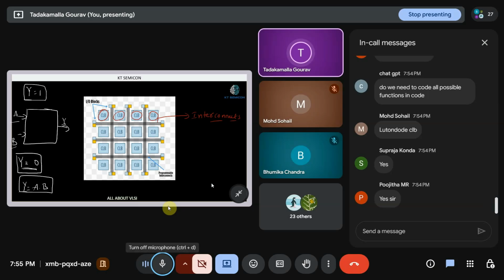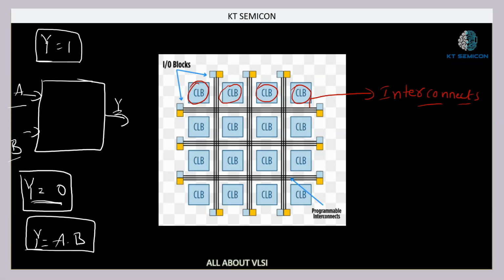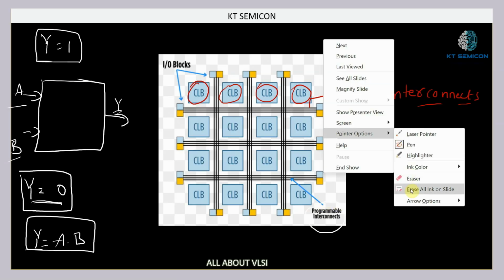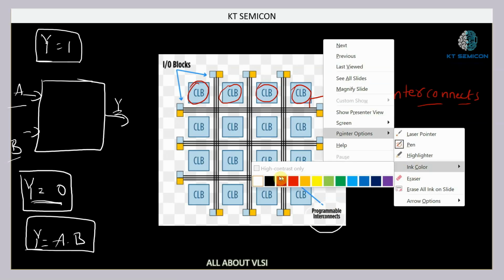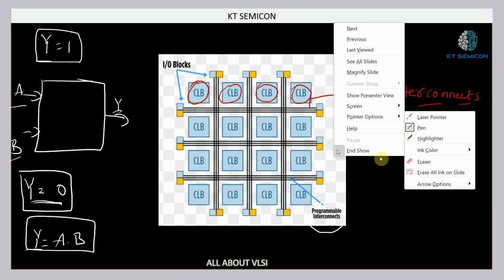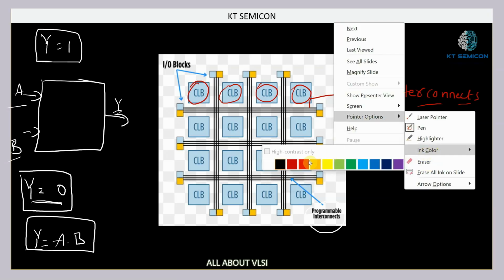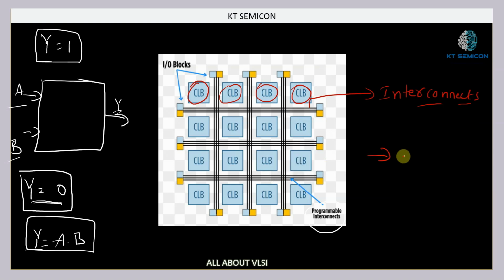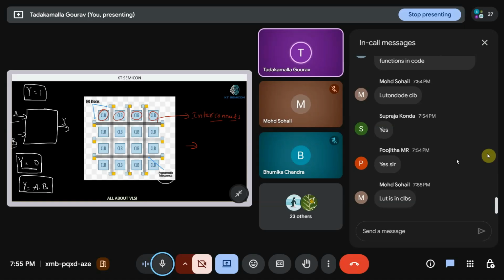Now if you carefully observe this particular diagram, they have written something known as programmable interconnects. That means you can also program this interconnect. Suppose you are going to implement a complicated Boolean function, and yes, LUTs are in CLBs.